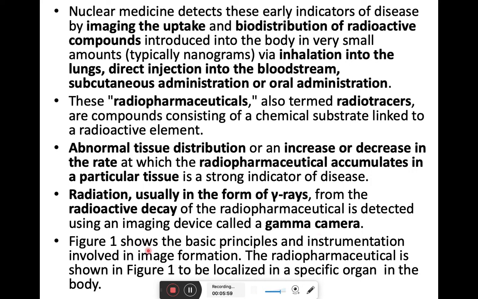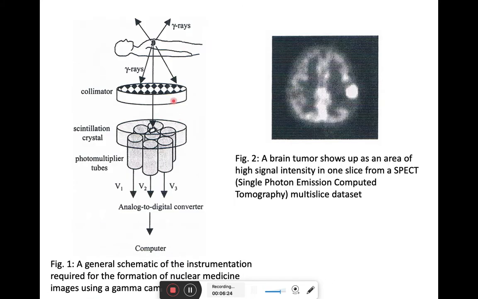So we will look into figure 1, which shows the basic principles and instrumentation that are involved in the image formation. The figure here shows the radiopharmaceutical being localized in a specific or targeted organ in the body. So imagine we have this system.